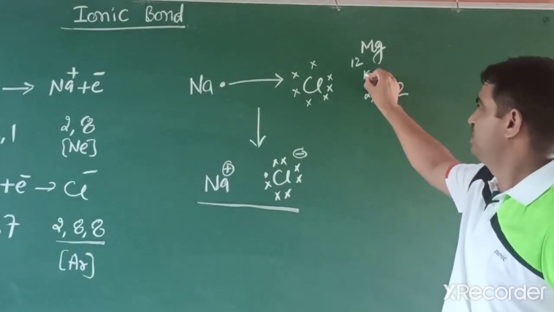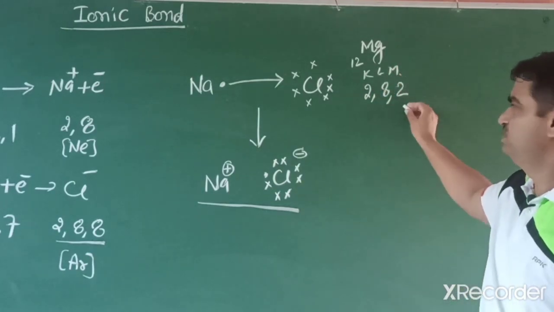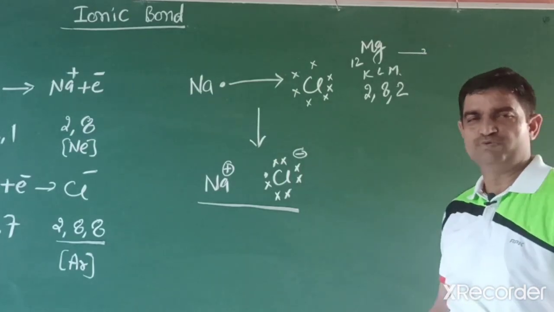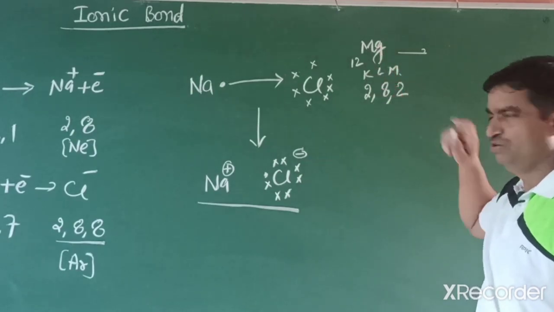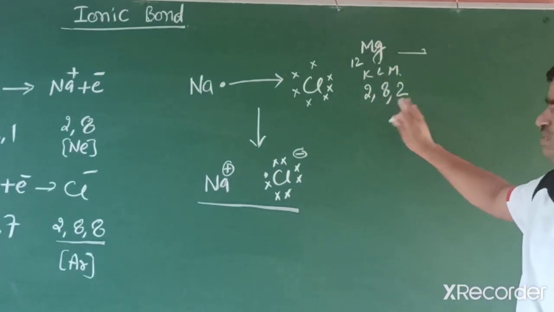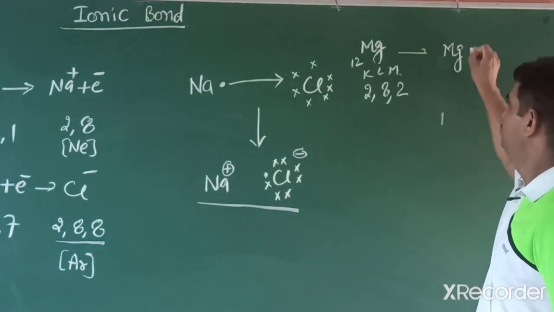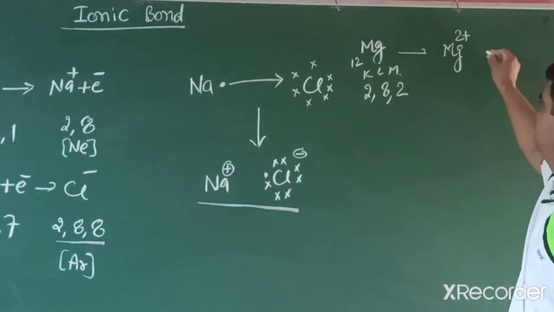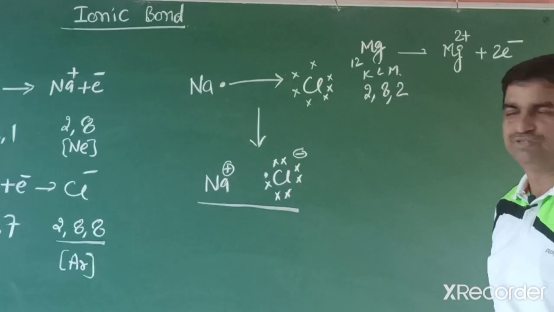So these are K, L, M. The last shell, the valence shell, has 2 electrons. So it wants to convert to the nearest noble gas, neon. So what happens? It loses 2 electrons and changes into magnesium 2 plus, and 2 electrons are released.